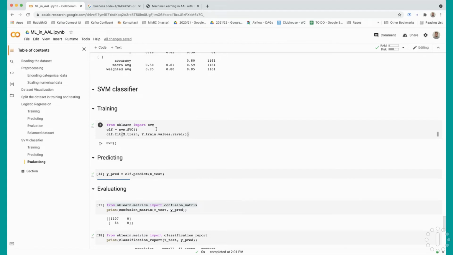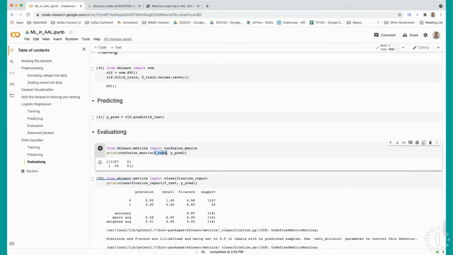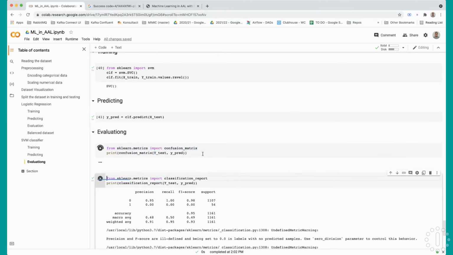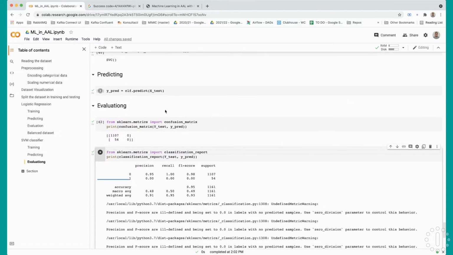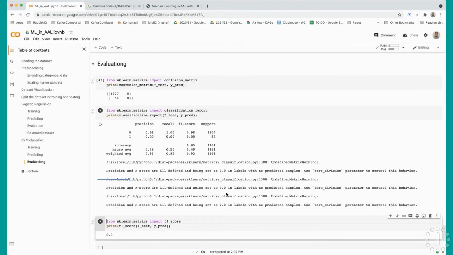I don't know if we made any mistake in the whole process. Let's run it again. Confusion matrix of Y test and Y prediction. It's really possible that the algorithm just gives us bad results because it's not fit for this kind of problem.